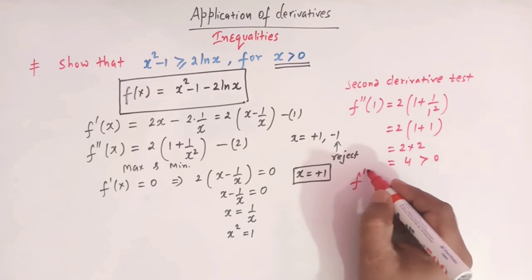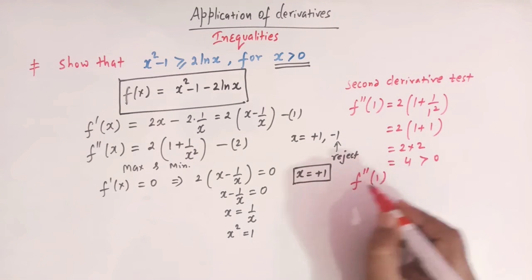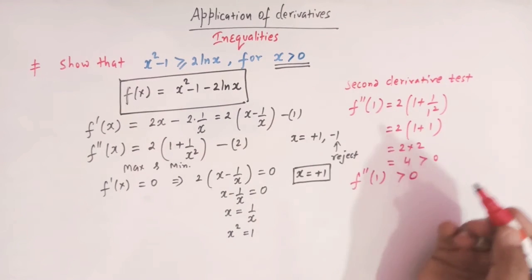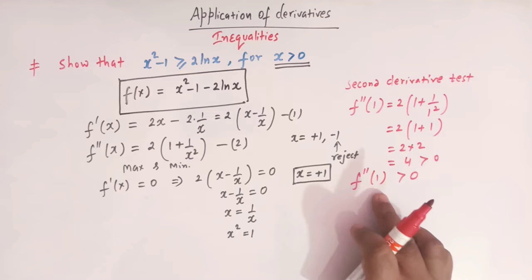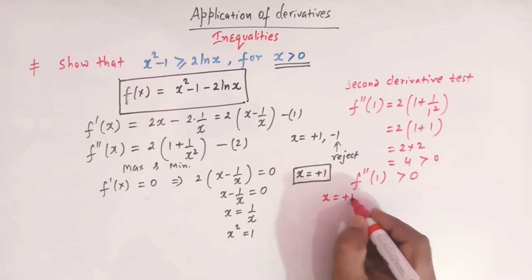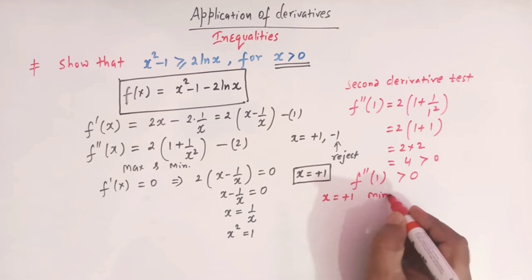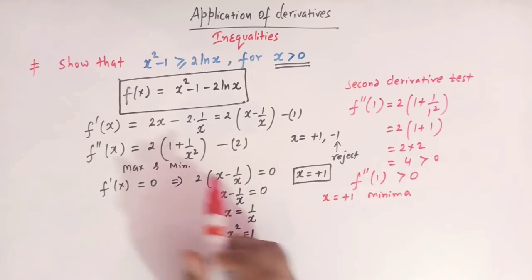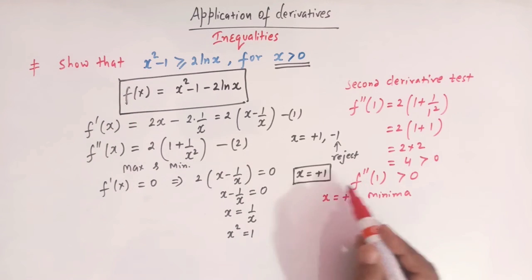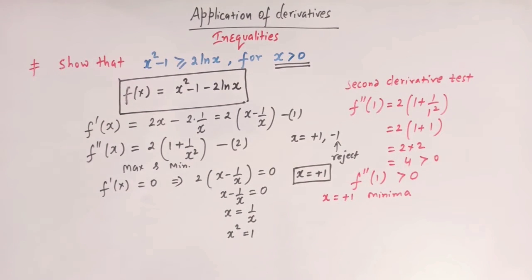So the second derivative at x equal to plus 1 is greater than 0. So by the second derivative test, we conclude that x equal to plus 1 is a point of minima, right? So the function f of x attains its minimum value at x equal to 1.